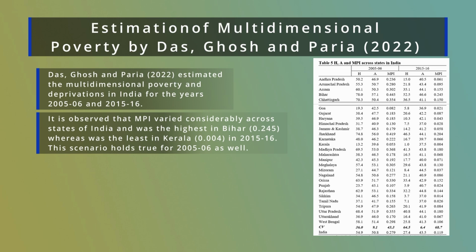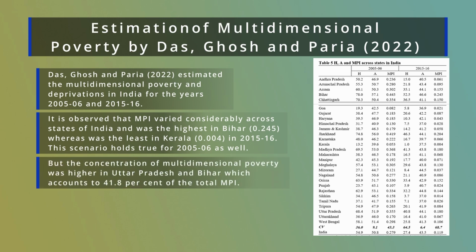As regards the multidimensional poverty index, there is a huge variation across states of India. In case of Bihar, the value is the highest, 0.245, whereas in case of Kerala it is the least, only 0.004.